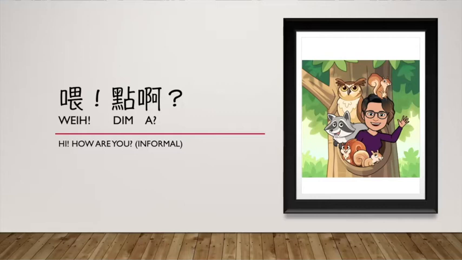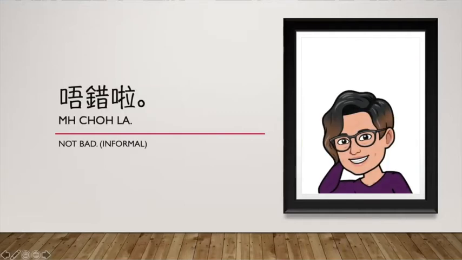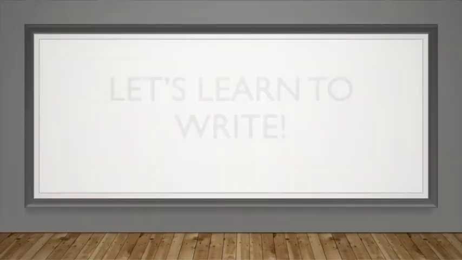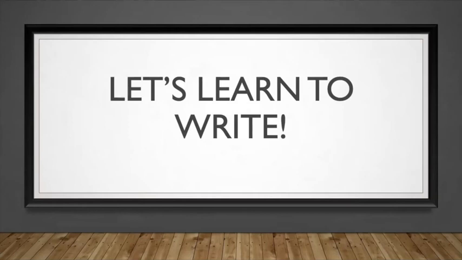So you can always say it with your friends. And if it is not bad, it is very common that we say, 唔錯啦,唔錯啦. So do you know how to greet others? Do you know how to say hi to your teachers or to your parents or to your friends?